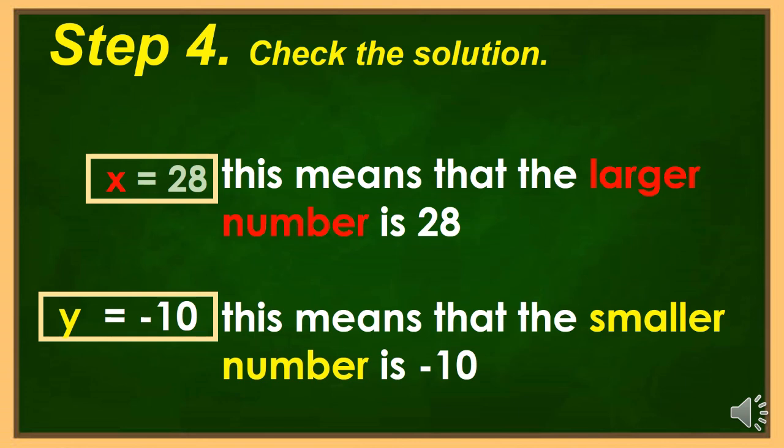This means that the larger number is 28 and the smaller number is negative 10. To verify our solution, we will do the checking. But before we have the checking, let us pause again for a while and we will be back after a short break.